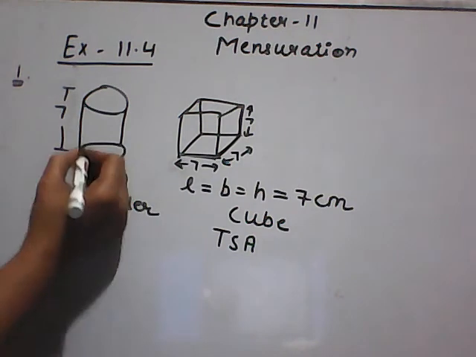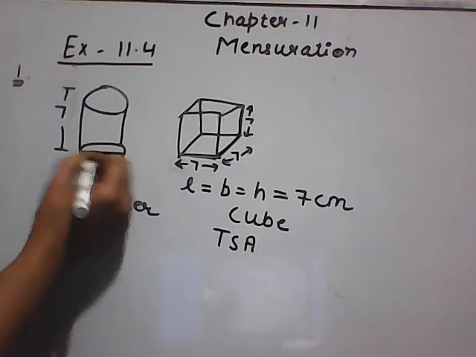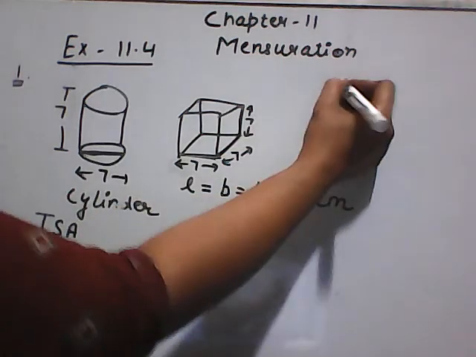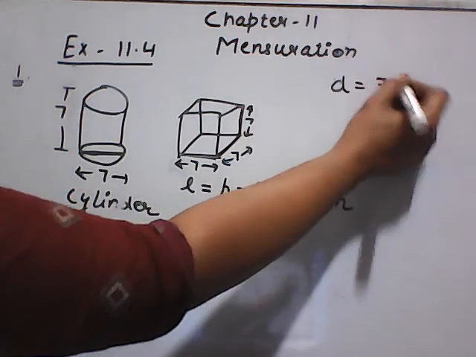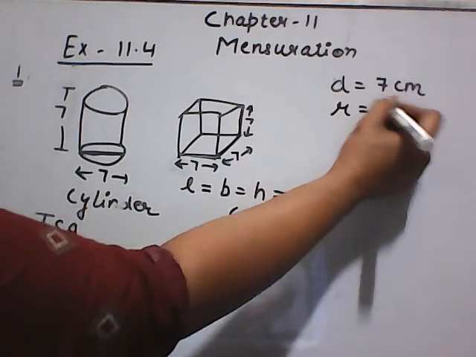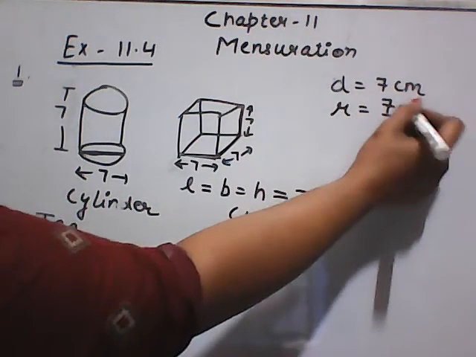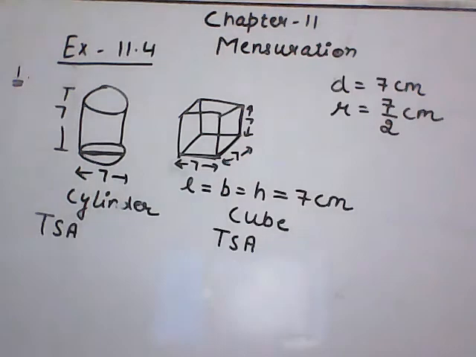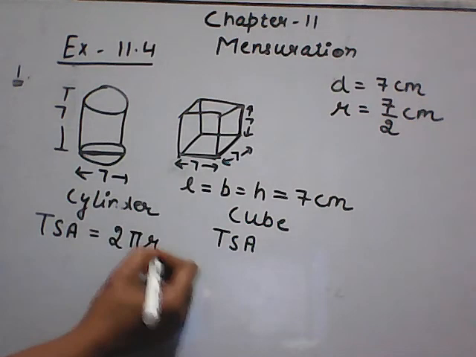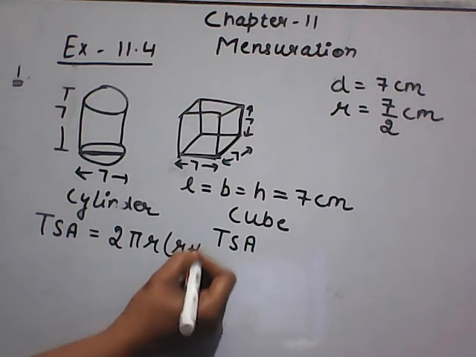Now here, diameter is given to you as 7 centimeter. We can calculate the radius, as we know that radius will be diameter divided by 2, so 7 divided by 2 centimeter. Now total surface area for the cylinder is 2 pi r into r plus h.